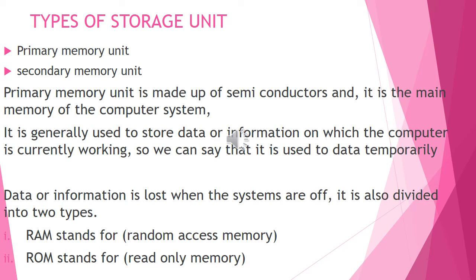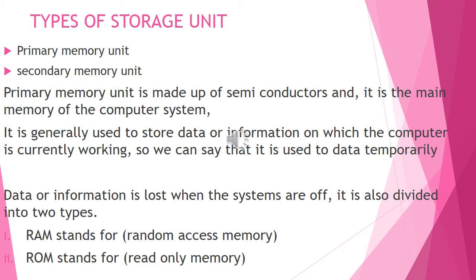So in terms of computer, once we say that information or data are saved temporarily, we can call them volatile. They are volatile in nature. Whenever you have a temporary storage, just call it volatile. So data or information is lost when the system is off.